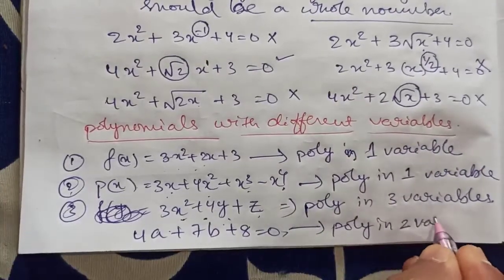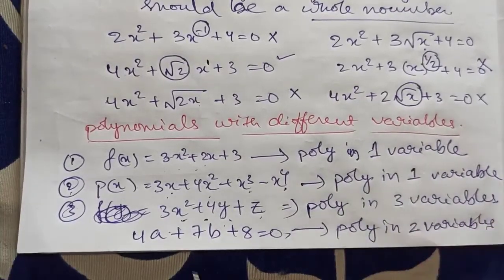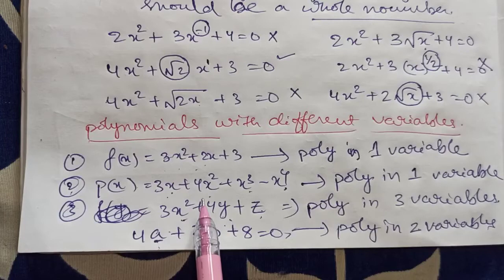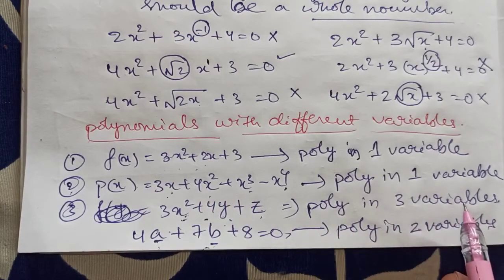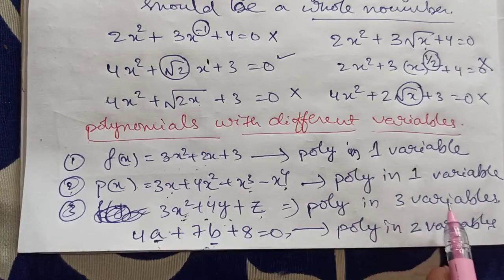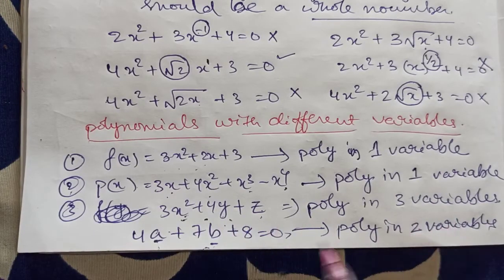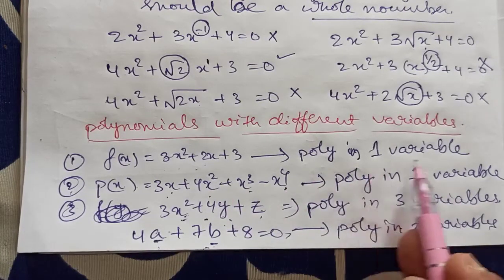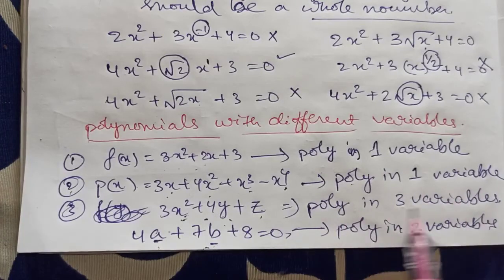Very good, 2 variables, because a and b are the variables, 2 different alphabets. You only have to see how many different alphabets are given. If xyz is given, 3; if abc is given, 3; if ab is given, 2; if pqrst is given, then 5 variables. So just count the variables and write that this polynomial is represented in 1 variable, 2 variables, 3, 4, 5, whatever it is.